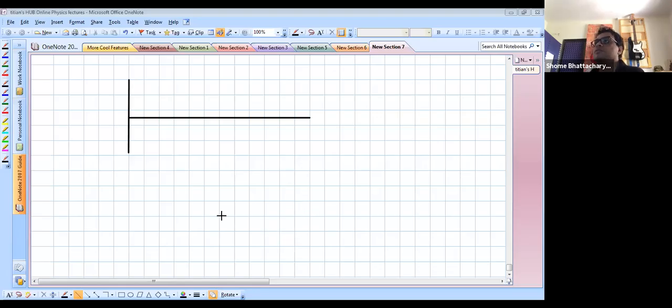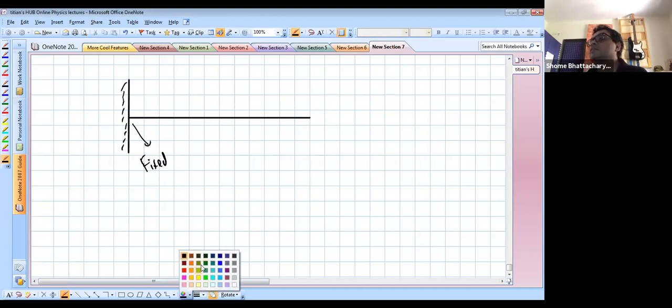Yeah, so I was telling you there's one more kind of situation which we can see in the strings case. So this is a fixed boundary. But on the other side, let us say we have a flexible kind of boundary.